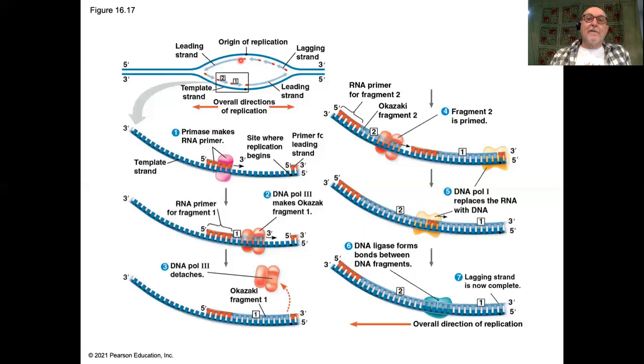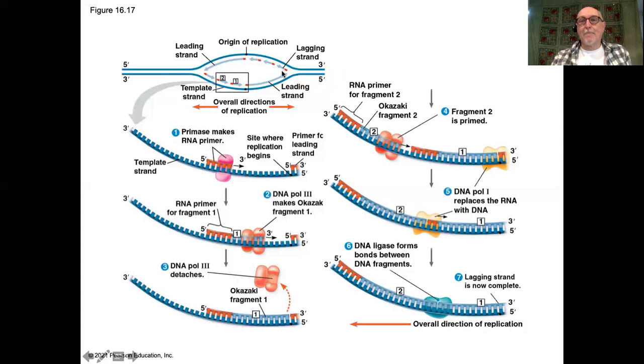So that is fine. Here's a replication fork. On one side of the replication fork, leading, on the other side, lagging. But have a look at the other replication fork. In this replication fork, the direction of opening is in the opposite direction. It's in that direction there. So now this strand here is the leading strand, and that strand is the lagging strand there.